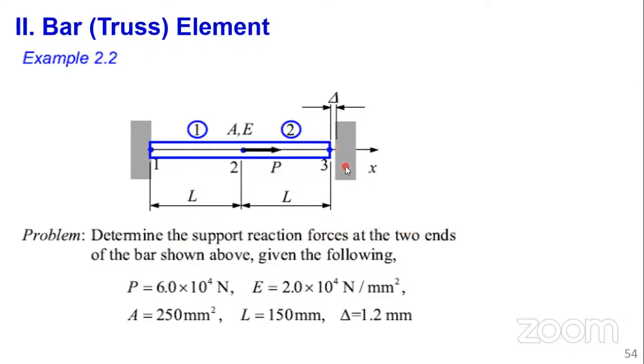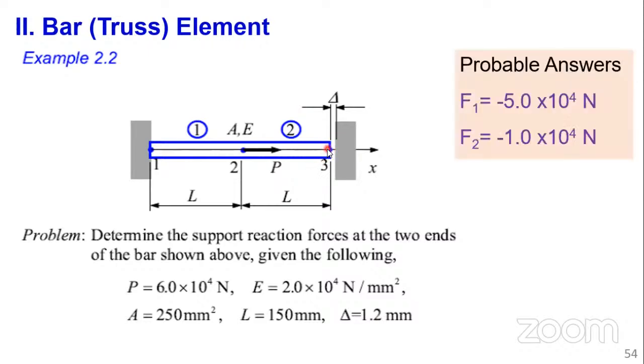As a hint, for us to have a reaction at node 3 at this support, we have to confirm whether the applied load will make the elongation exceed 1.2, so that there is contact between node 3 and this fixed support. Otherwise, if there is no contact, this would just be like a cantilever, with no reaction here. So think about it.